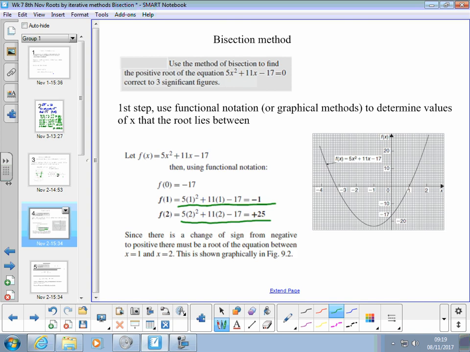So there's a change of sign. The root of this equation, the positive root, x is equal to 2. You all understand that because of that. And graph.